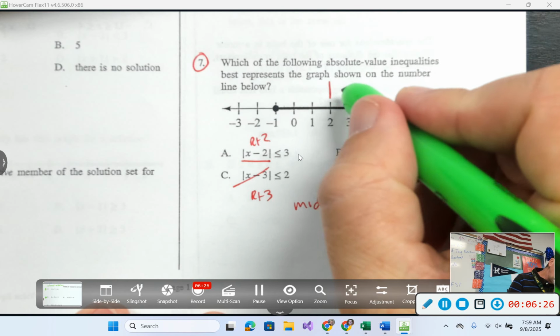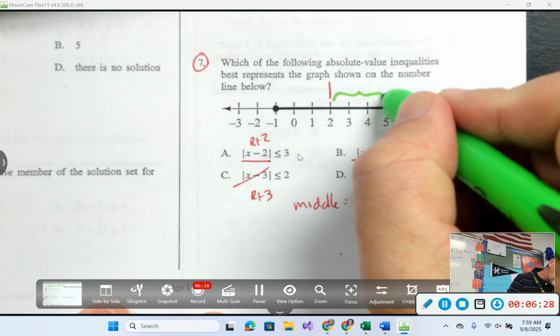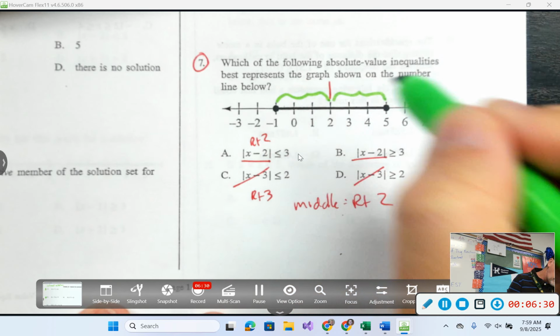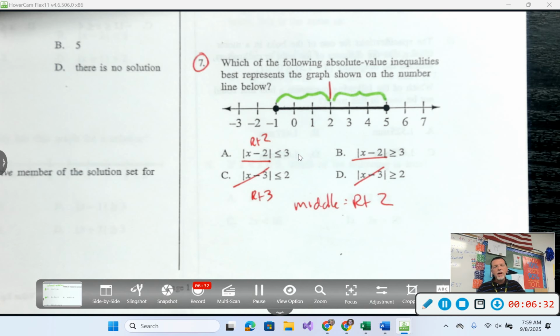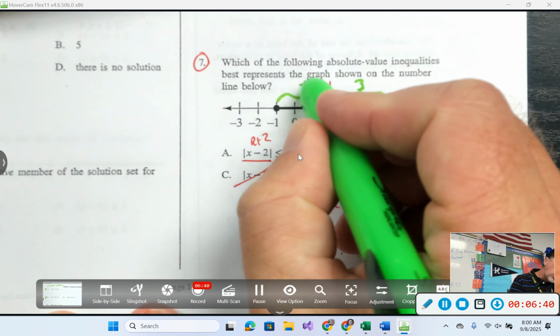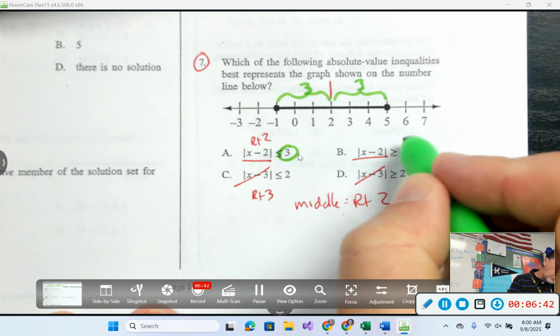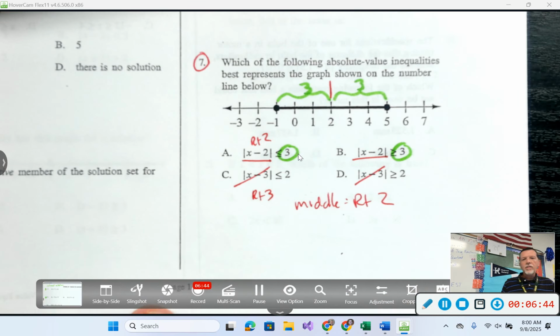Now the distance to the edge, absolute value is about how far we are, what the distance is. How far is it to the edge? 3. Okay, well that didn't really help narrow things down.